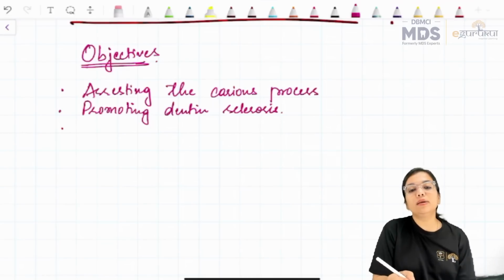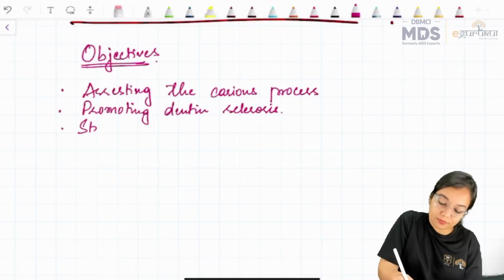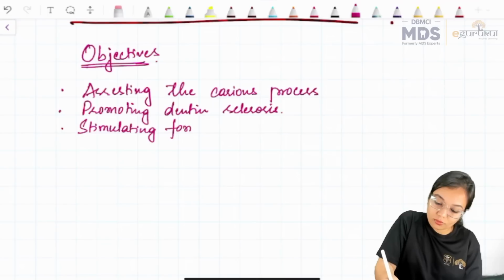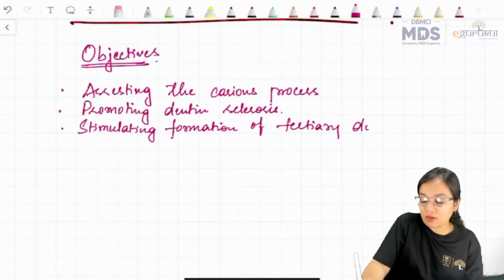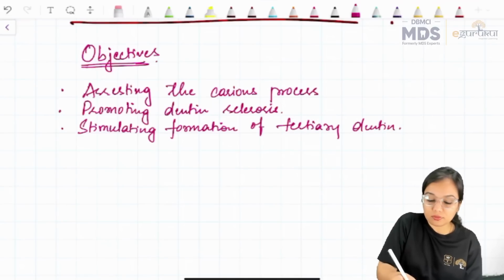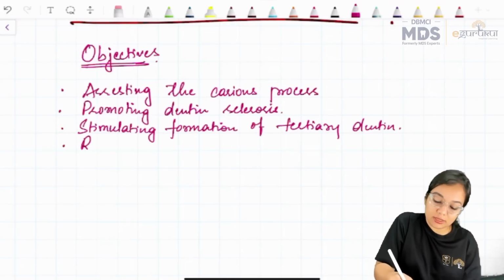Then stimulating formation of tertiary dentine. And then remineralization of carious dentine.